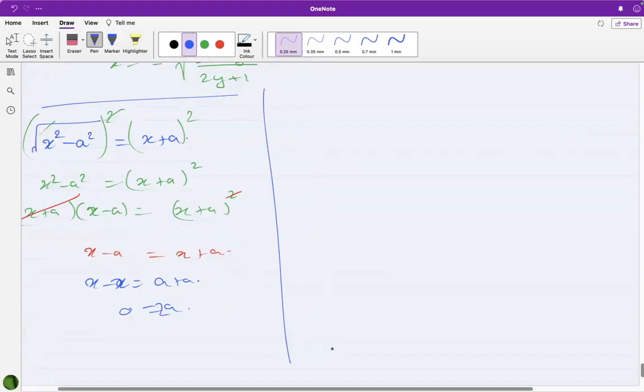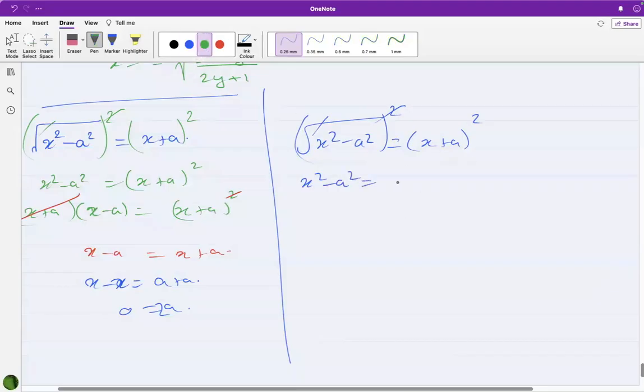So the second attempt could be following the same process. The square root of x squared minus a squared is equal to x plus a. I'm taking square on both sides again. So this is x squared minus a squared. And if I just open the right-hand side, that would be x squared plus 2xa plus a squared. So may I get rid of these two?